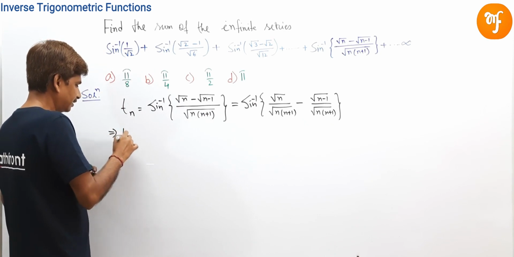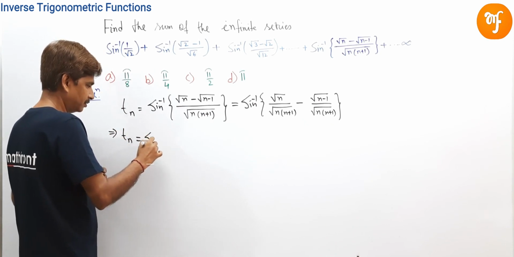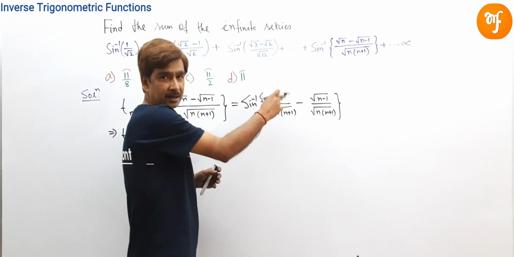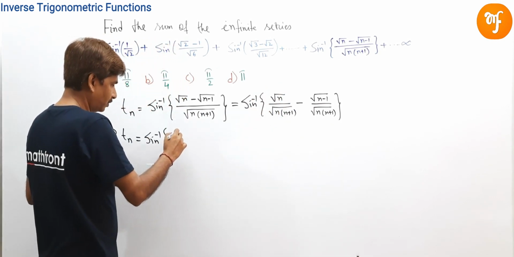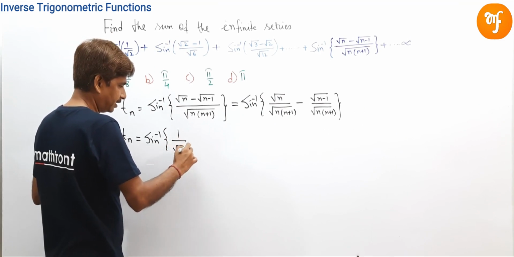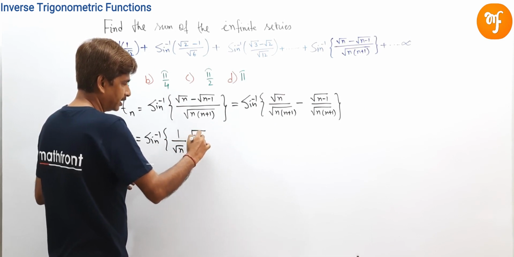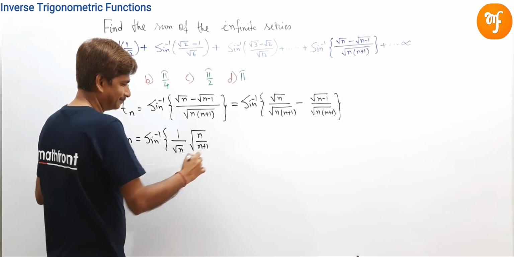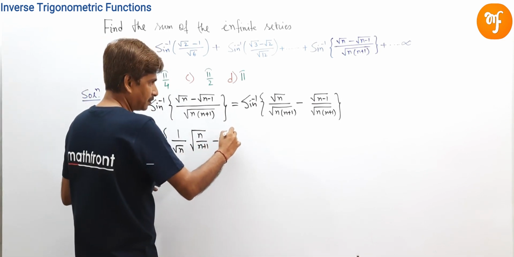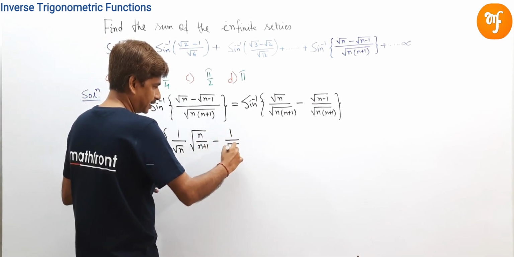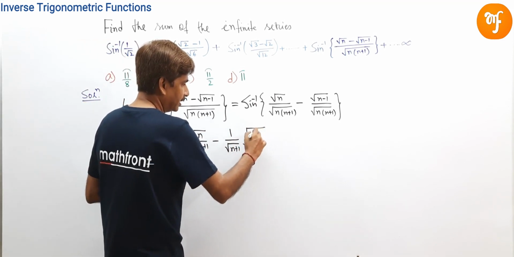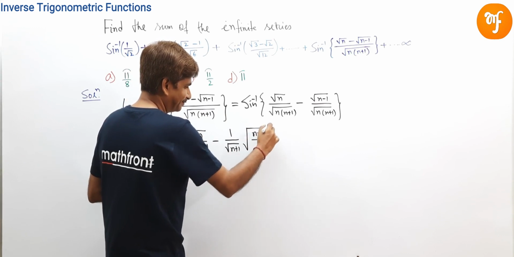So, Tn is equal to sine inverse of, we can write this first part as 1 divided by root over n plus root over n into square root of n divided by n plus 1. Minus, the second part can be written as 1 divided by root n plus 1 into square root of n minus 1 by n.